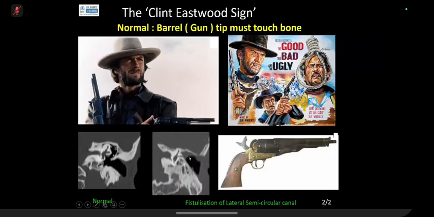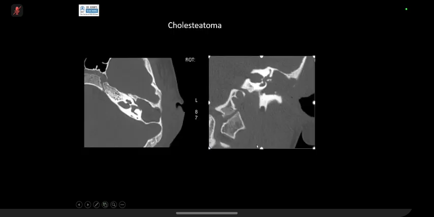You can see it here. This is the Clint Eastwood sign: this is the barrel, it touches the white. This is the hammer, which is the superior semicircular canal, and here it is not touching the white. So this is fistulization of the lateral semicircular canal.